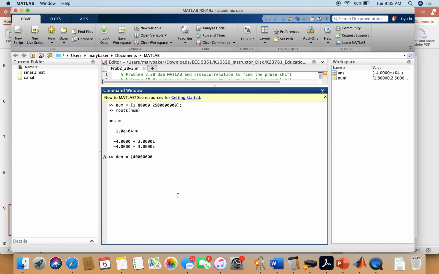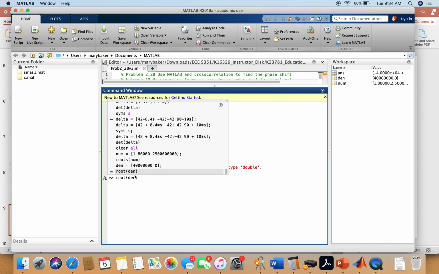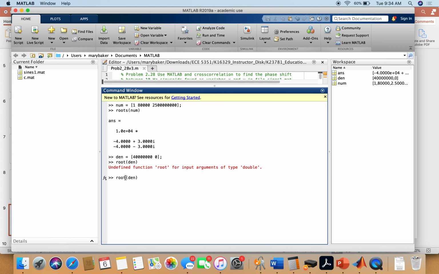And then it's s. So we have to put in a 0 to represent the fact that in that denominator there was not a constant. The constant was 0. And we'll just say roots of the denominator. It should give me 0. I've never used MATLAB to do that. Okay, it's roots. Yeah, there you go. So it's going to give me 0.